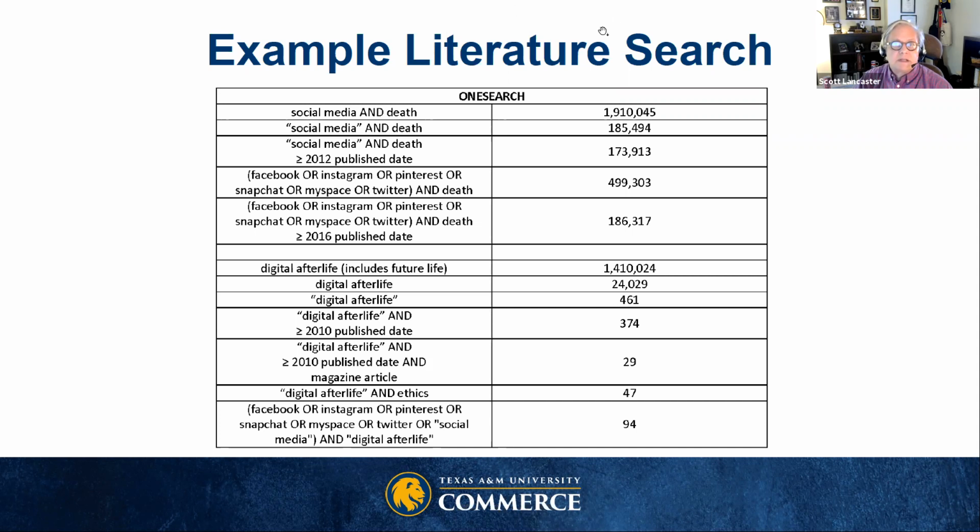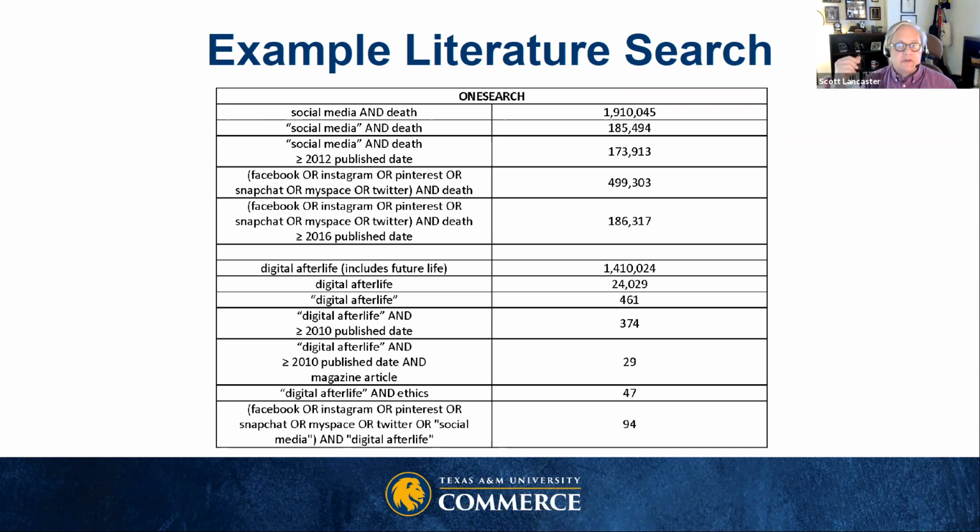So in one search, which is our federated search on the library homepage, put in social media and death, you get almost 2 million articles. And then you tweak it by putting social media in quotation marks, which is phrase search. Then it's looking for not just social in one place and media in another, but that exact term.